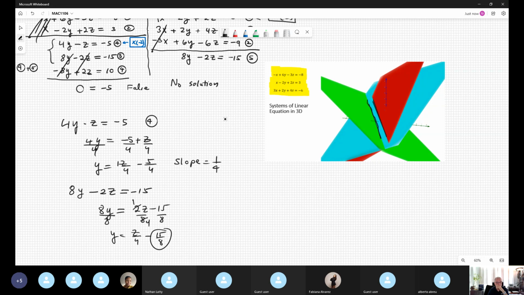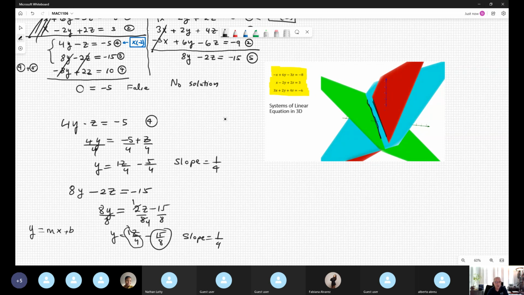I don't care about this part. The important information is, I try to express it in the form y is equal to mx plus b. Actually, it's not x and y, it's y and z, but it's the same. I discover again that the slope coefficient is 1 over 4.